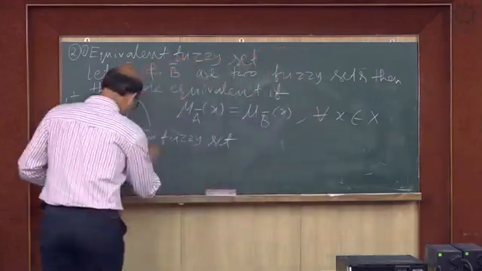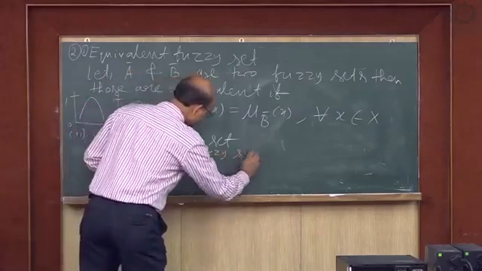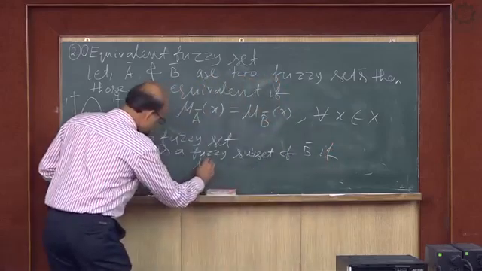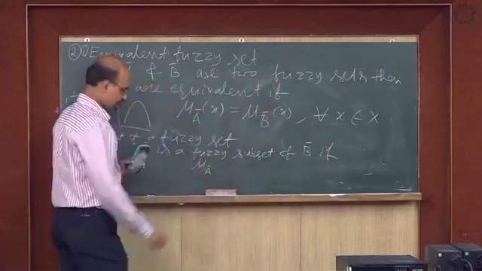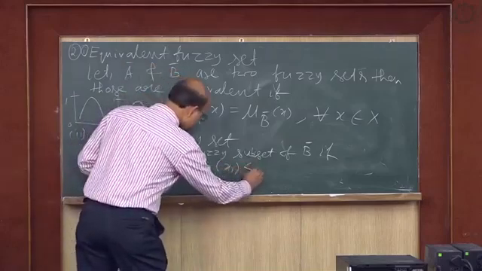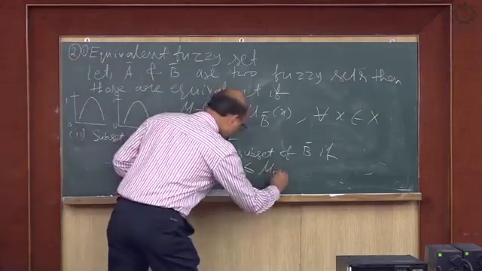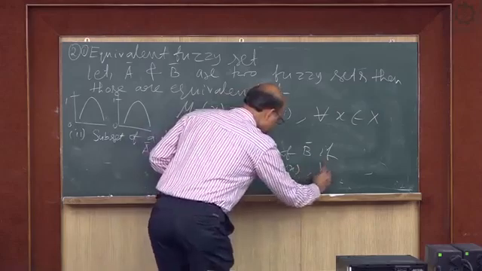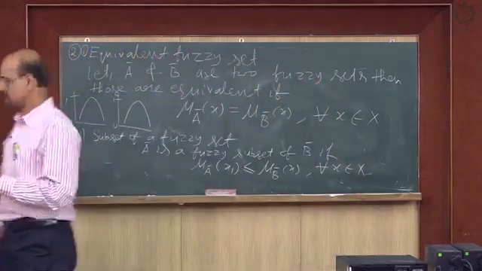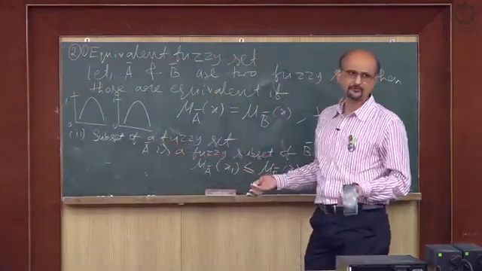So A bar is a fuzzy subset of B bar if mu A bar x is less than or equal to mu B bar x, again for all x belonging to X. If you can find this, then A bar is a subset of B.